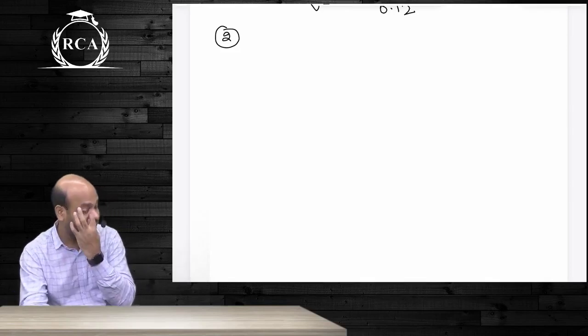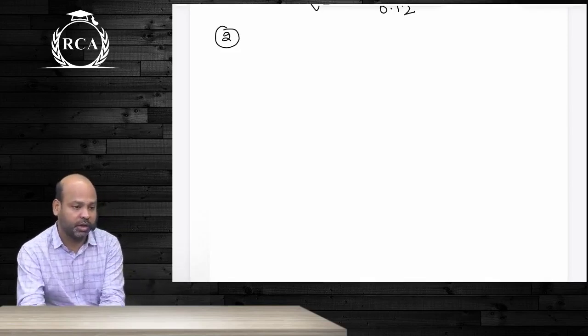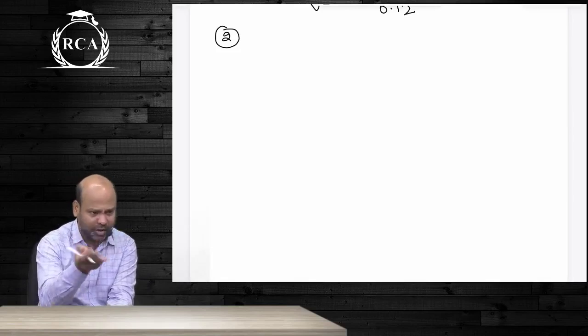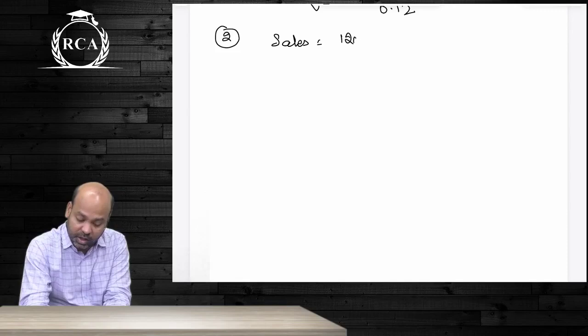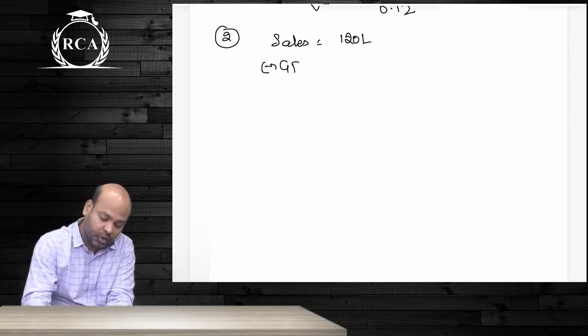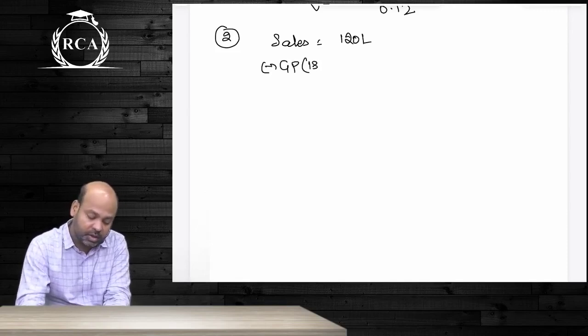But anyways, guys, starting with inventories. Not you, Chandana, you continue yawning. Sales for the entire year is how much? 120 lakhs. Gross profit on this is how much? 18%.